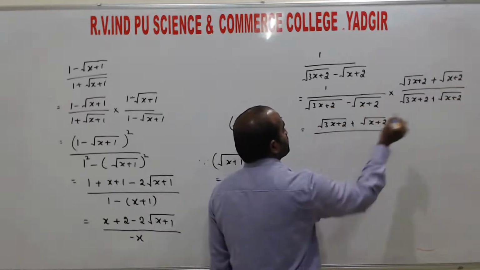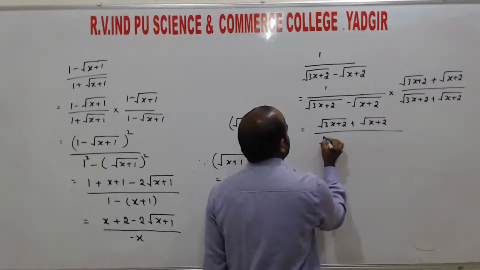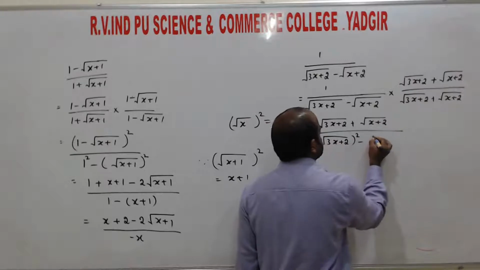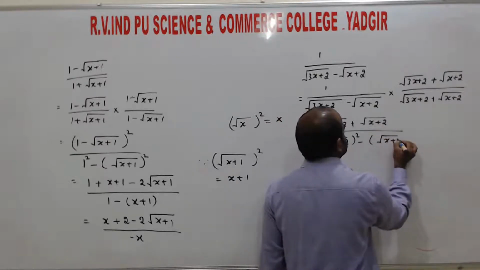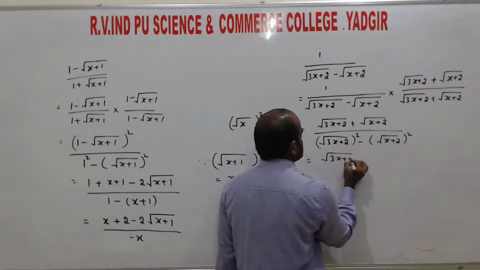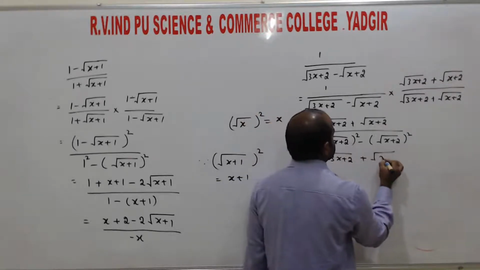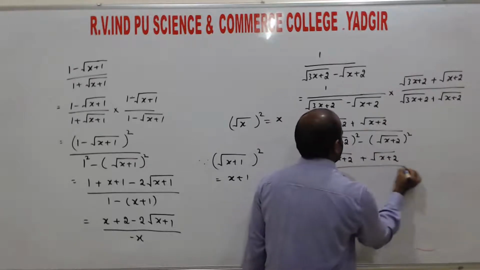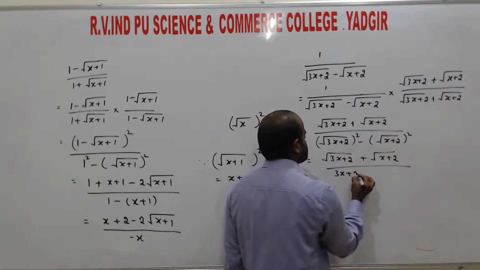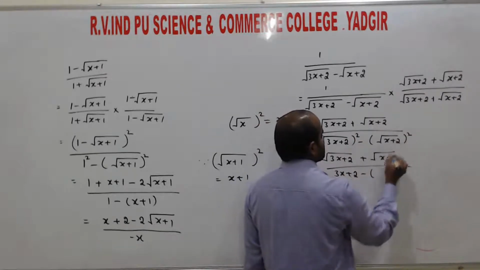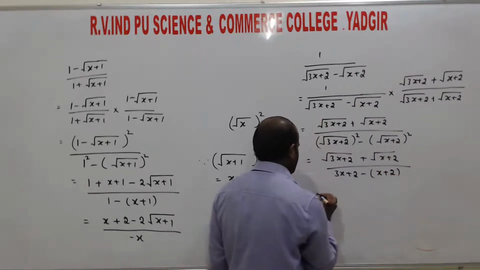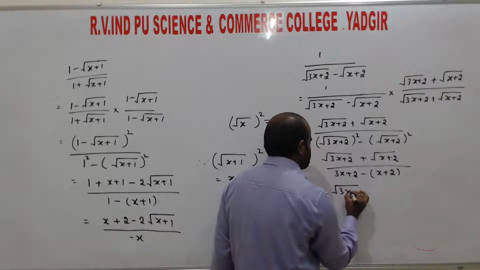Okay, a plus b into a minus b: root of 3x plus 2 whole square minus root of x plus 2 whole square. Root of 3x plus 2 plus root of x plus 2 whole divided by: root of 3x plus 2 whole square is 3x plus 2, minus root of x plus 2 whole square, which is x plus 2.